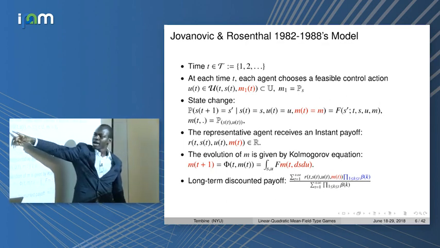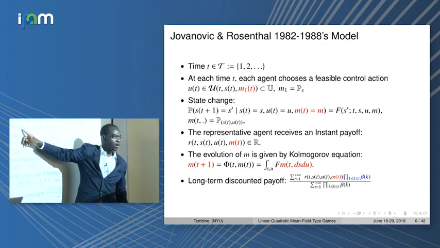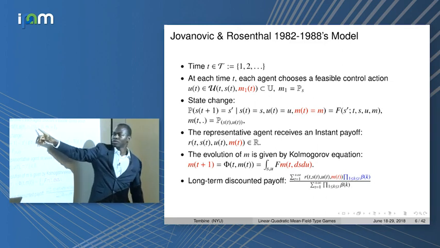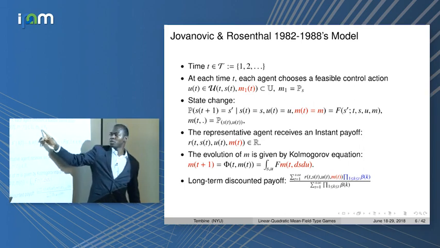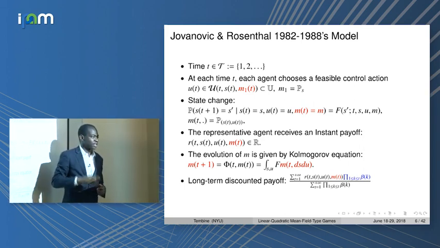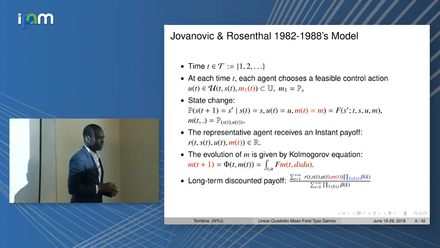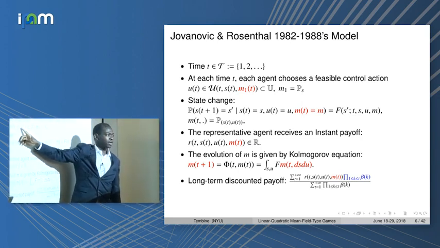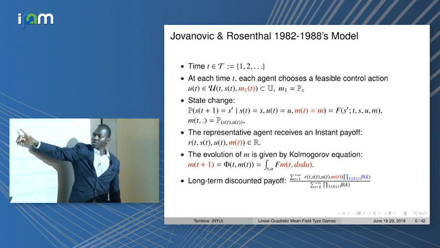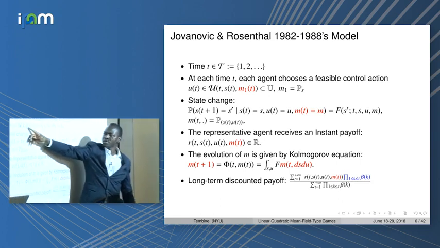Your control action might be constrained by where you are and the population distribution. This m1 is the population distribution of state, the location distribution. S is the state, m1 is the distribution on the state of all the agents. So your choice is constrained by this set.